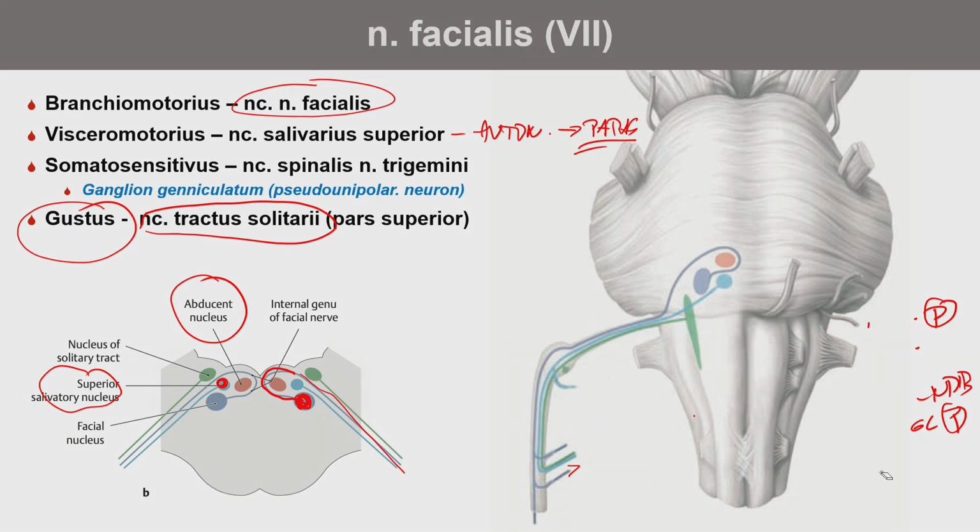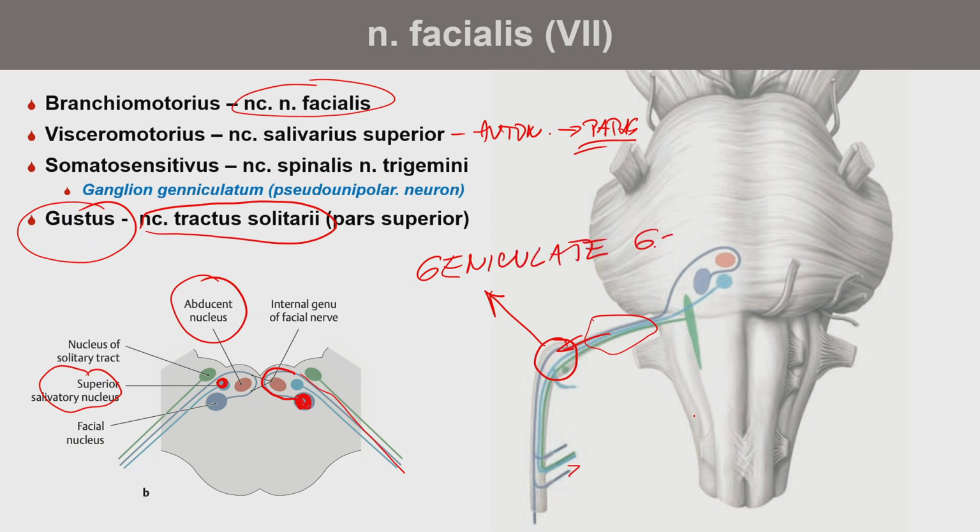So what we can also remember about the course of the facial nerve is that it emerges from the brainstem side by side with the statoacoustic nerve, and with the statoacoustic nerve it goes into the internal meatus, which is somewhere here, and here it enters the petrosal bone, and in the petrosal bone it makes a curve, and in the curve, in the knee part, is the geniculate ganglion, where the pseudounipolar neuron for sensations of taste is localized.